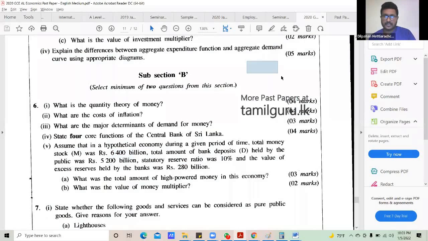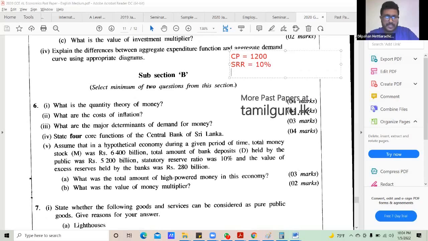When you are attempting this kind of question, whatever information you find, you figure it out and write it down separately. SRR 10%.